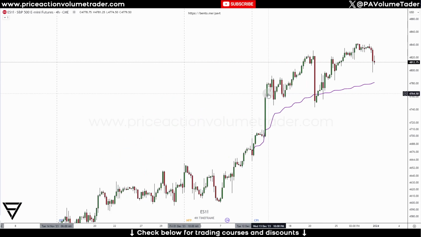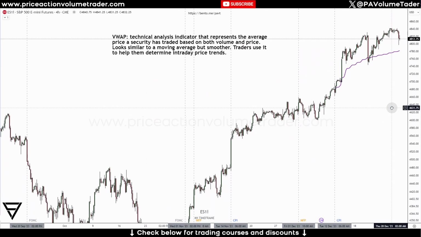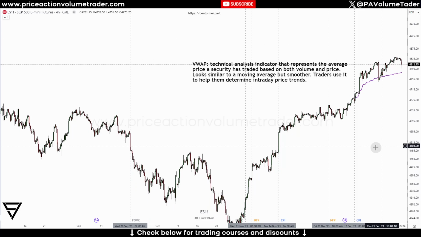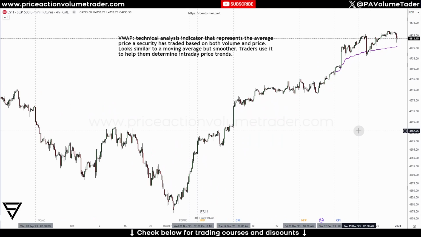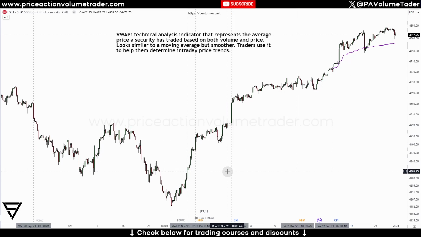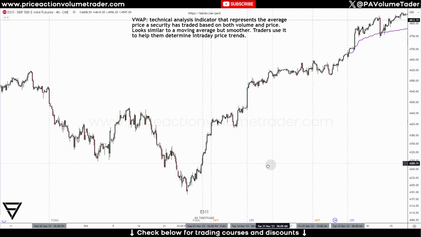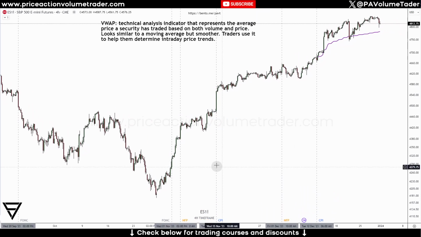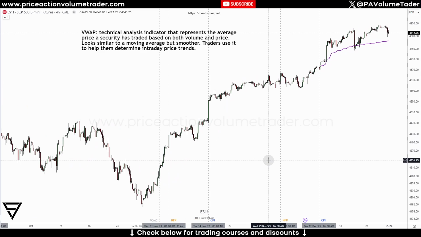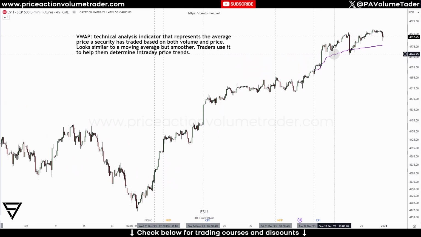Okay, but that's pretty much the strategy, how you can use an anchored VWAP indicator in order to hinge it from important economic news events. Specifically, I'm talking in this case about stock indices, the futures market, but you can obviously use this for any market that you're trading.